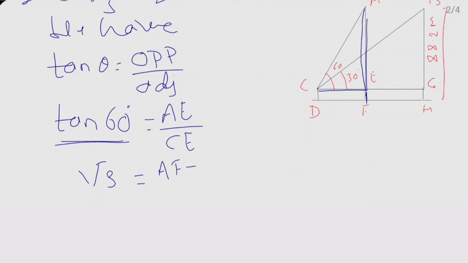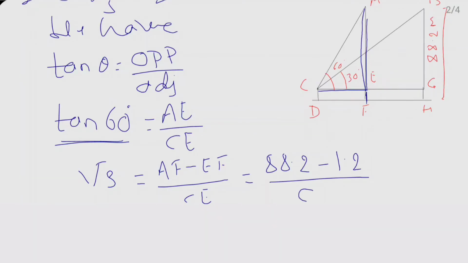So write down here AF minus EF, and this divided by CE as it is. AF is the given height of the balloon from the ground, that is 88.2, and EF is equal to CD, the height of the girl, that is 1.2, and this divided by CE.